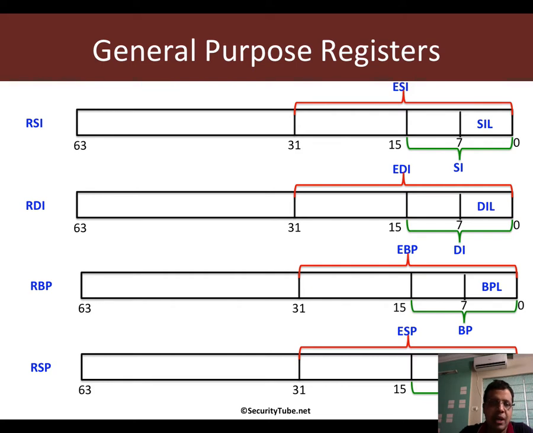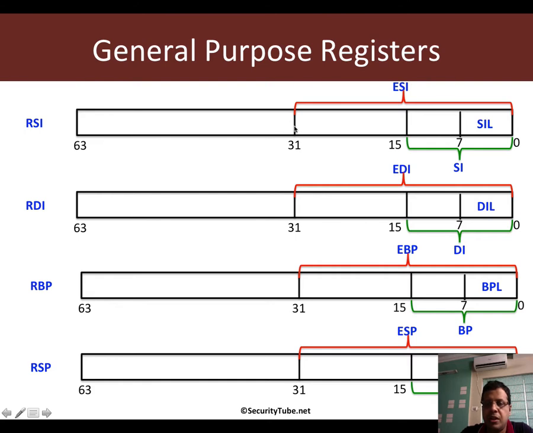After that, you have RSI, RDI, RBP and RSP. RSP is basically the stack pointer. And again, there is a further subdivision. To access the whole 64 bits, you can reference RSI, RDI, RBP or RSP.